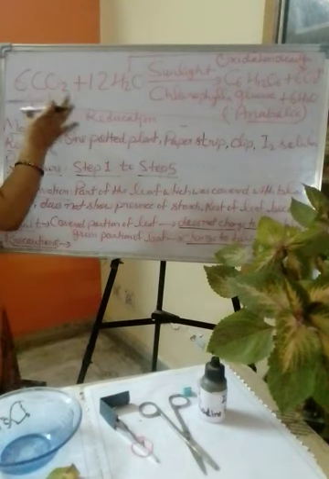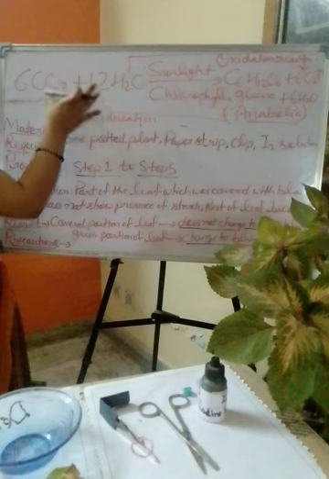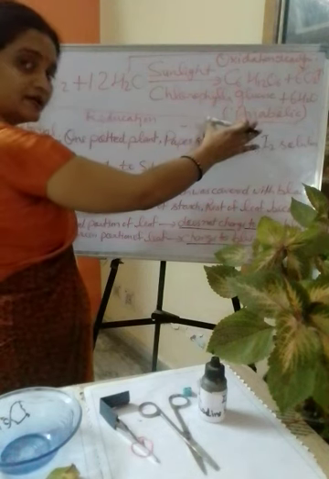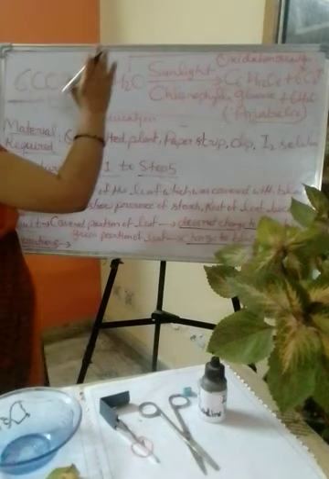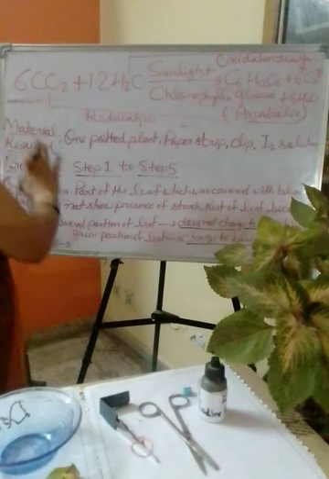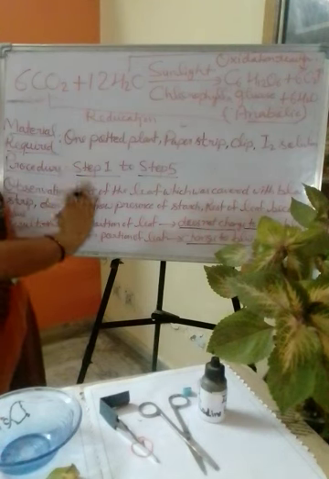Now in the light reaction, light energy changes into chemical energy. Understand that? And the energy is formed in the form of ATP. Okay? Now I understand the photosynthesis and the photosynthesis reaction.